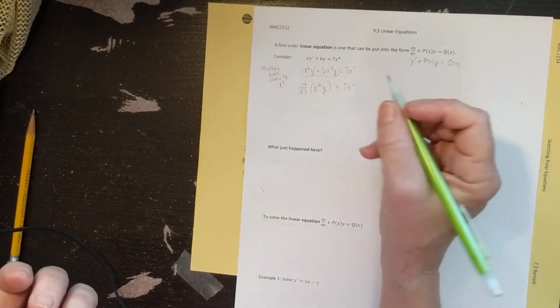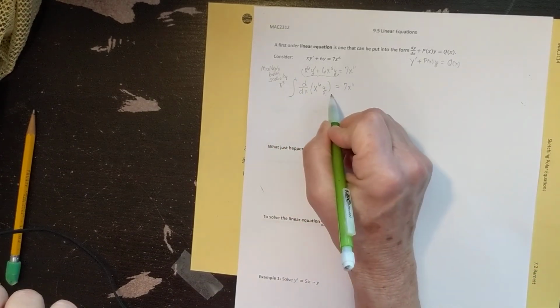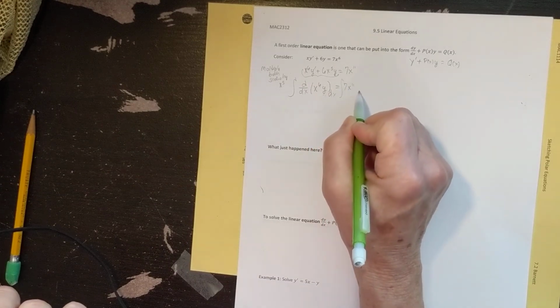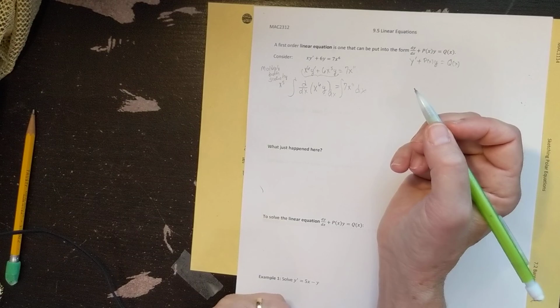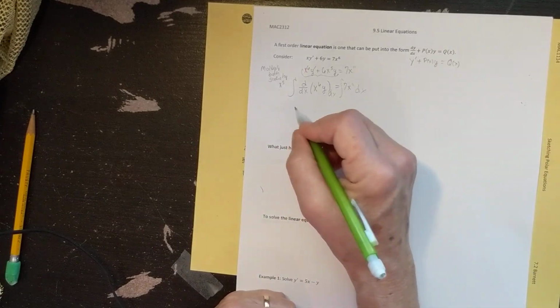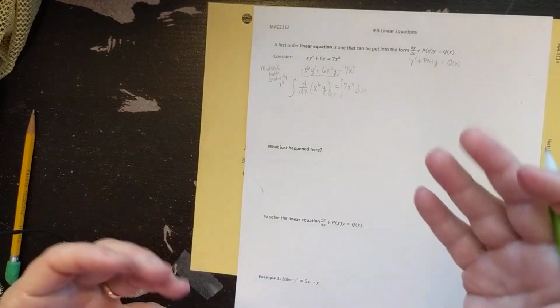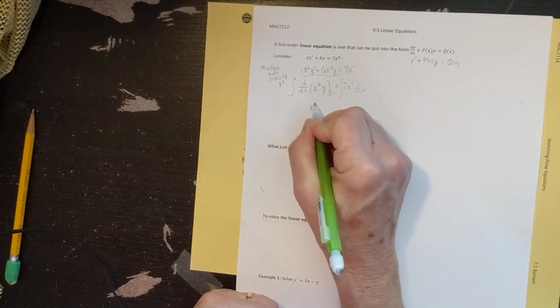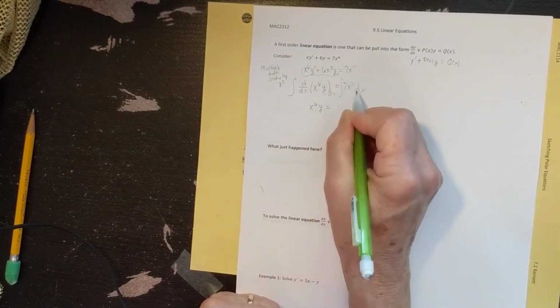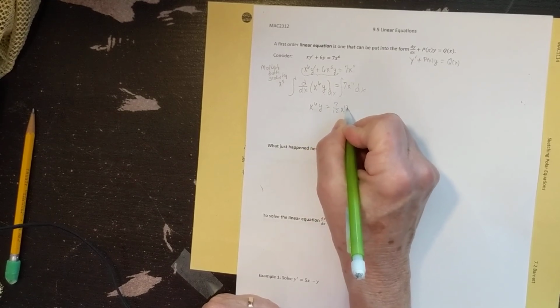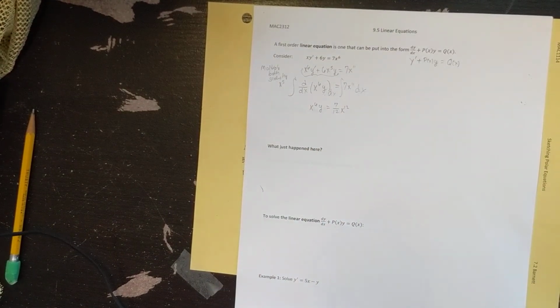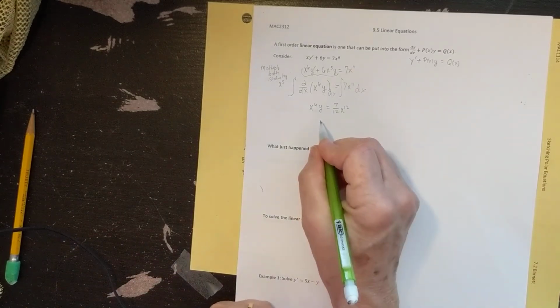But now that I notice that, I'm going to integrate both sides. If I integrate both sides, what's going to happen here? Well, if I integrate a derivative, I just get the integrand back. On this side, I will integrate with respect to x. I'll get 7 over 12, x to the 12th. Then the job is to find the unknown function that will satisfy this equation, so I'm solving for y.